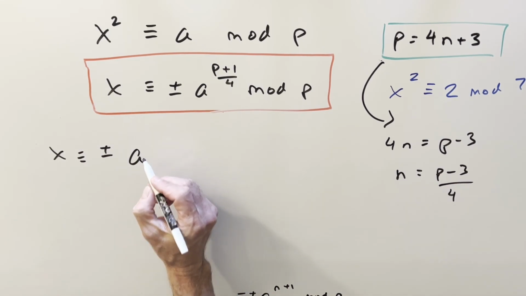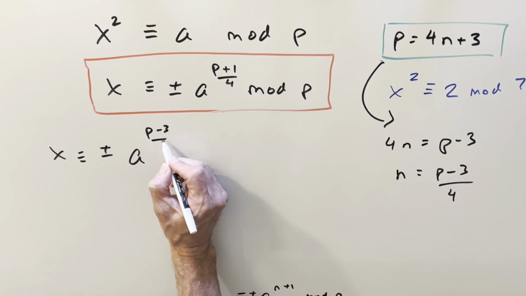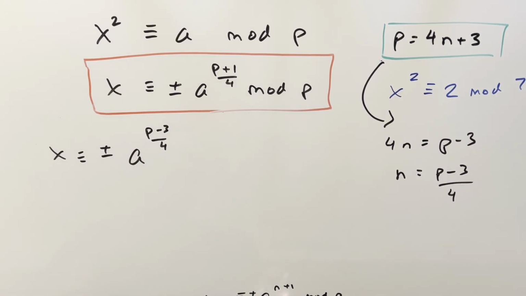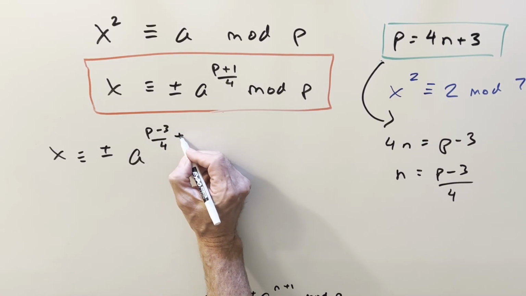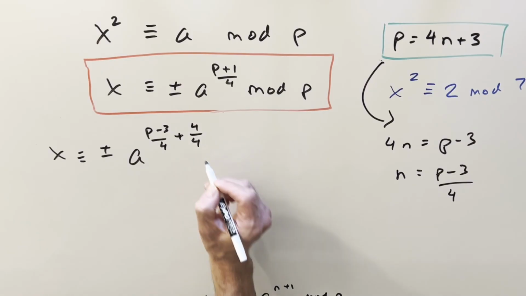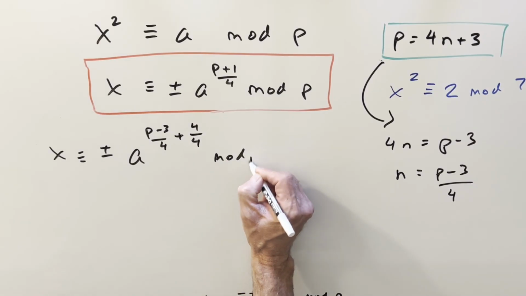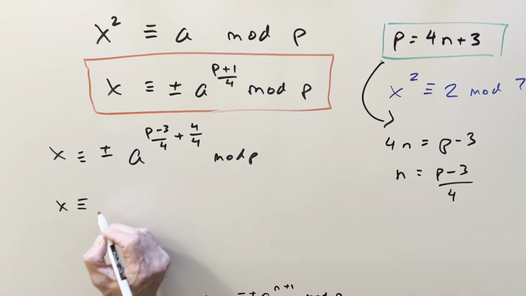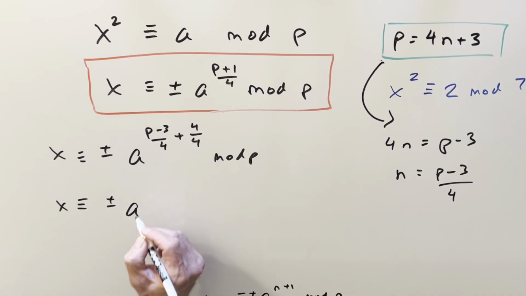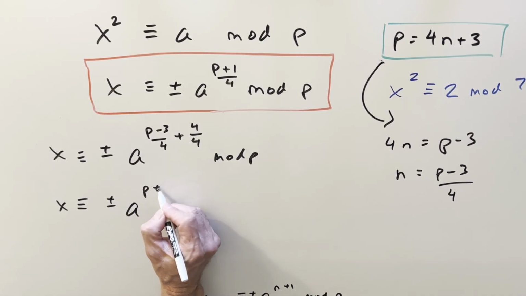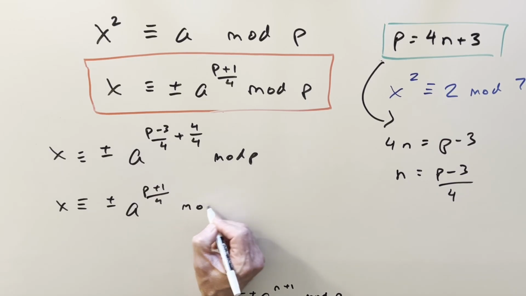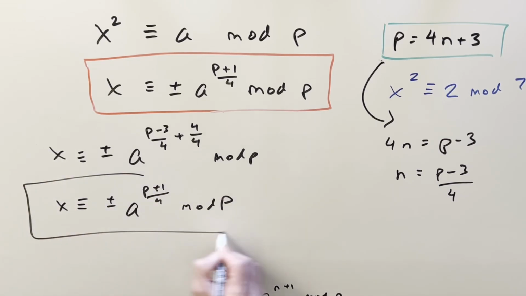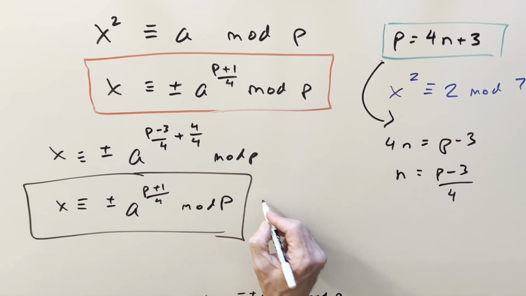So we're going to have a to the p minus 3 over 4 plus 1. But let's do it with a common denominator, so I'll write it as 4 over 4 mod p. Simplify that, and what we get is x is going to be congruent to plus or minus a to the p plus 1 over 4 mod p, and that's the formula we wanted to show right there, same as this.